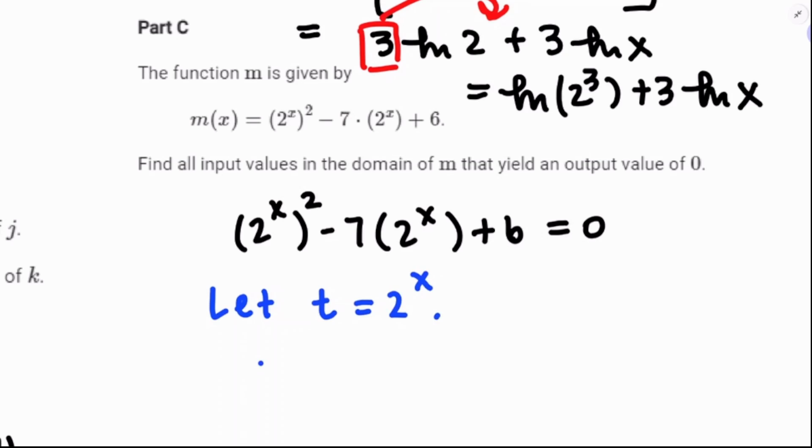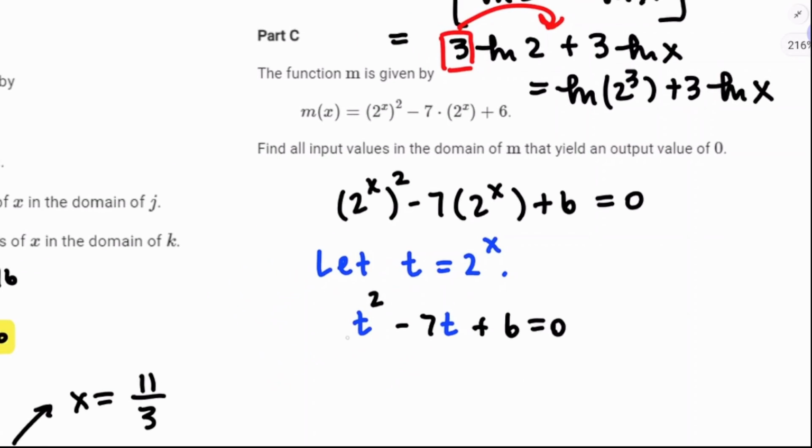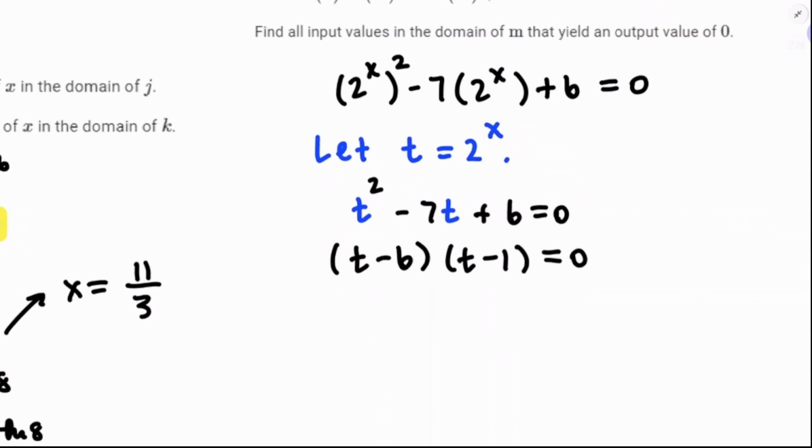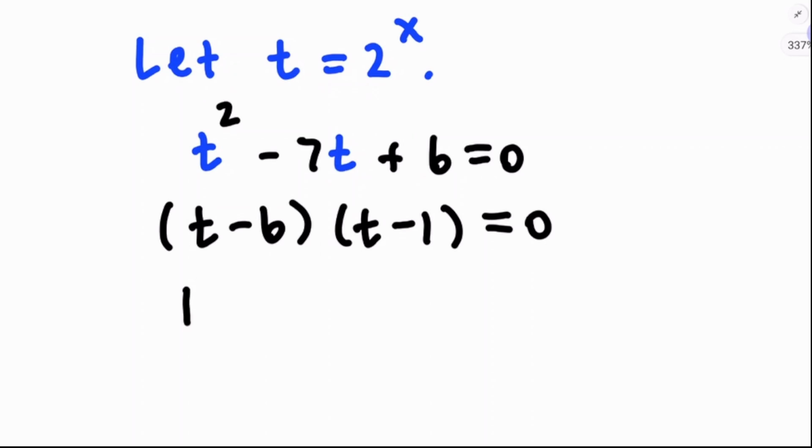Then I'll have t squared minus 7t plus 6 equaling 0. This is factorable, right? This is going to be t minus 6 times t minus 1. Then that's going to be either t equals 6 or t equals 1.